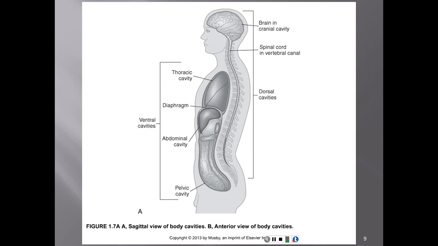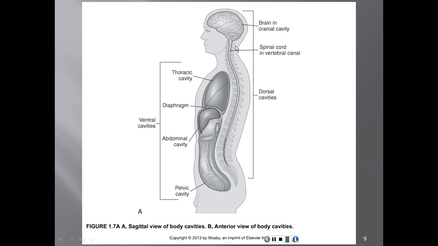Be familiar with the anatomic cavities, especially the abdominal pelvic cavity, which has no true separation, but we will discuss some of the different organs in the abdominal cavity and pelvic cavity. The ventral cavities are located on the ventral aspect of the body.